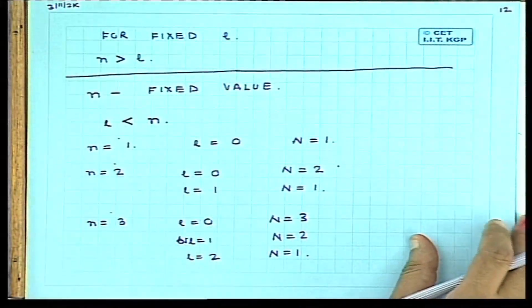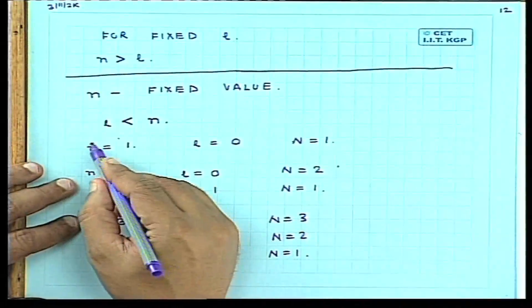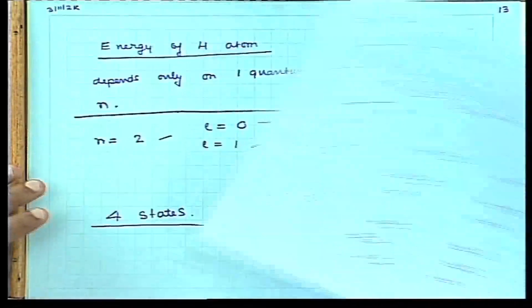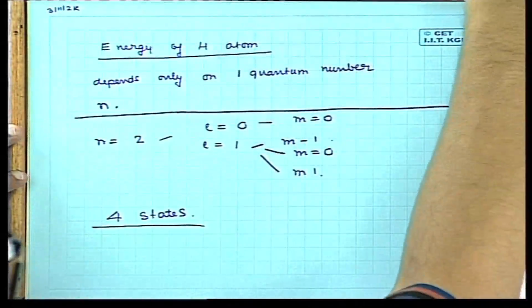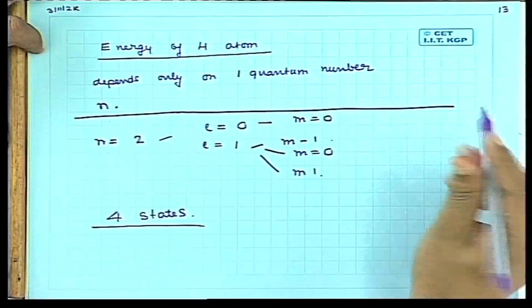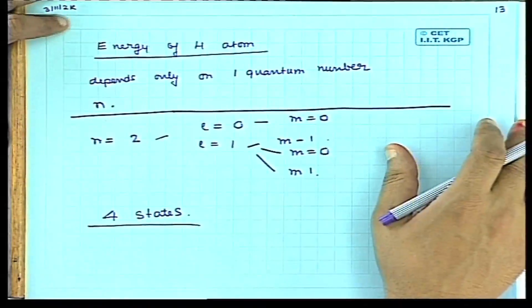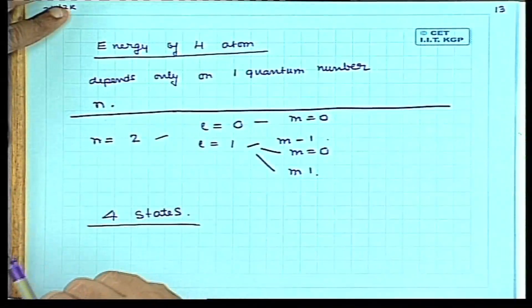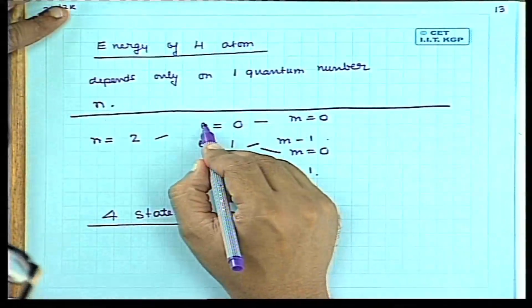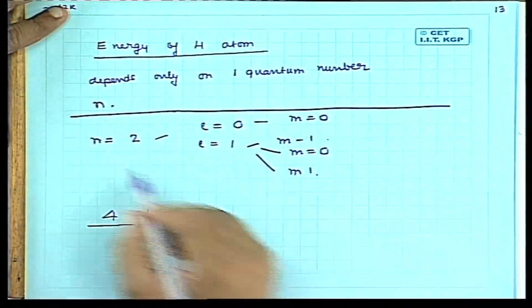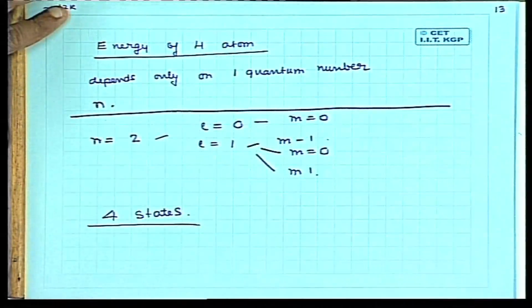But remember that the total energy depends only on this quantum number. So there are three quantum numbers which decide the state of the hydrogen atom. You have to specify this small n, you have to also specify L, and you have to specify m. All three of these together will determine the full wave function.